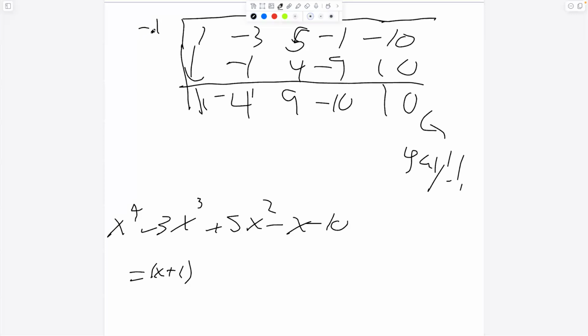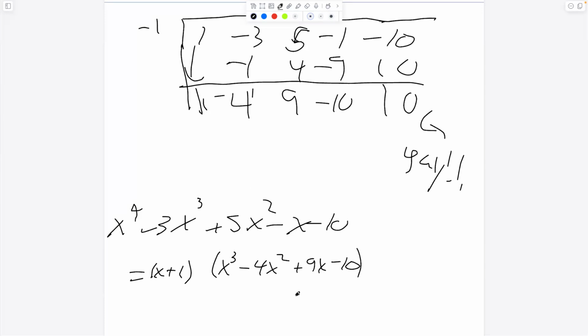Remember, the factor is always x minus the root. Now, remember, these guys are going to have 1 degree less than what we started with. So this was 4th degree. These are going to start with cube. So he is x cubed minus 4x squared plus 9x minus 10.